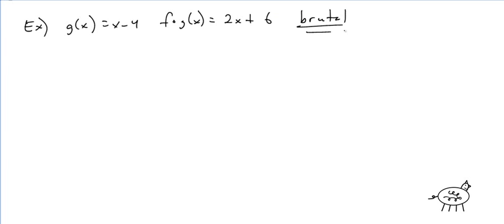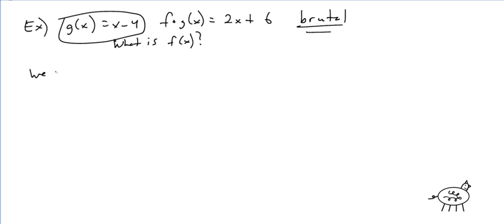Because now, the question here, of course, is what is f of x? Before, it was easy to say, hey, what am I plugging into f of x to get 2x plus 6? But now I'm saying I want to know what function I'm going to plug g of x into to give me 2x plus 6.